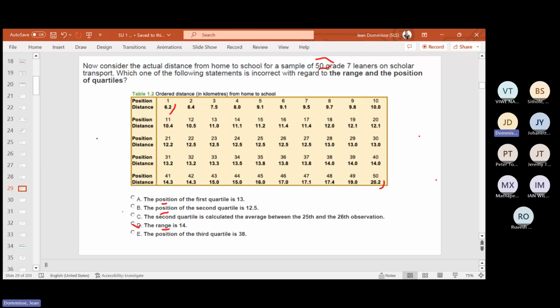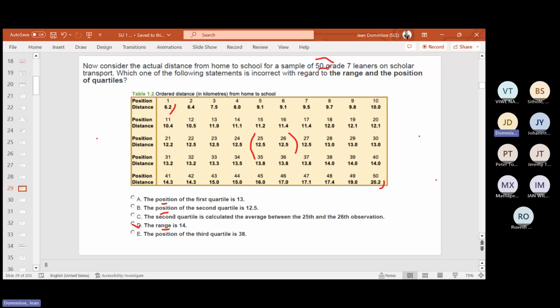Okay, so then we will go into the quartiles. Let's first look at what they say about the second quartile. Remember, the second quartile is also the median. So the second quartile is calculated as the average between the 25th and 26th observation. Remember, there are 50 observations, so we calculate it between those two.